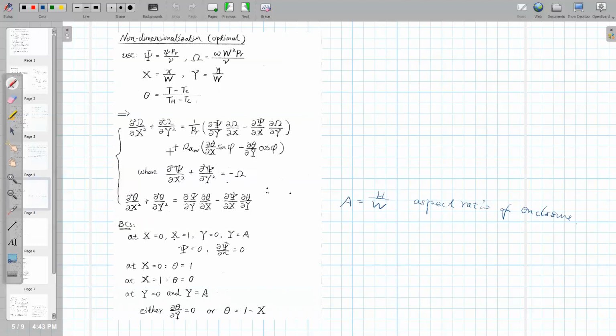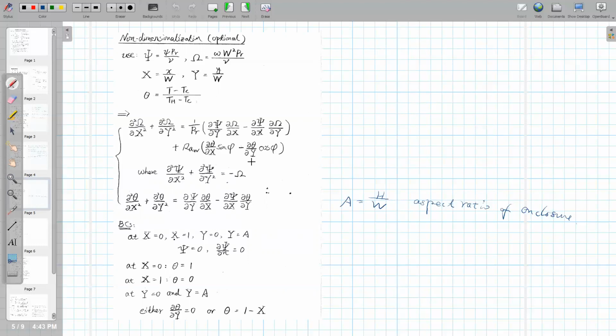If you write a paper and want to analyze your calculation results, this is the step you need to do, because you want to find out how the dimensionless parameters affect your results. So this is the advantage of solving the non-dimensionalized form: the result will be much easier to analyze.